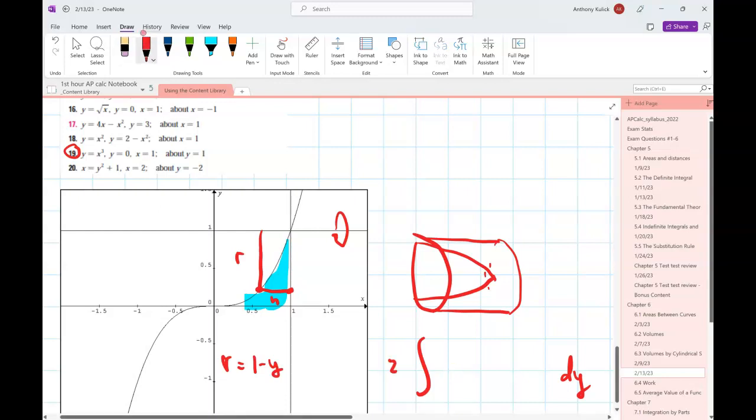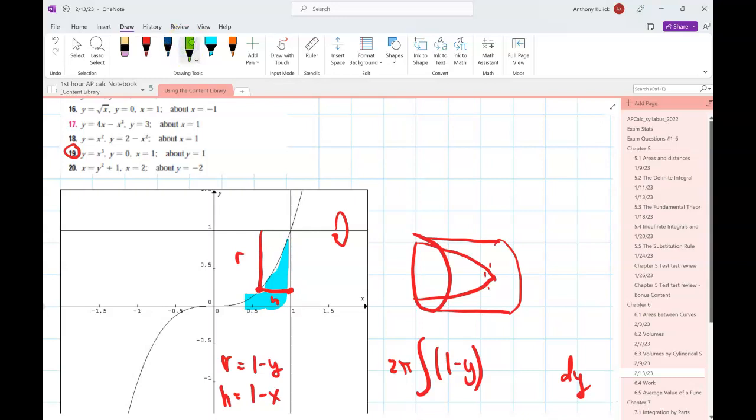I'm going to run out of space. Does that feel okay? And what's the height going to be then? 1 minus x. Very good. You guys see that? Right. That distance is 1. That distance is x.